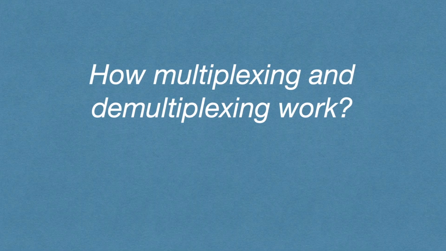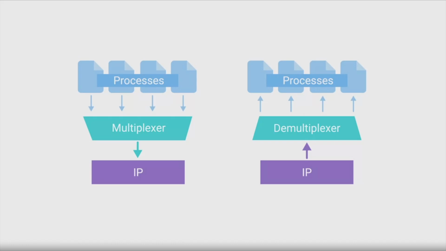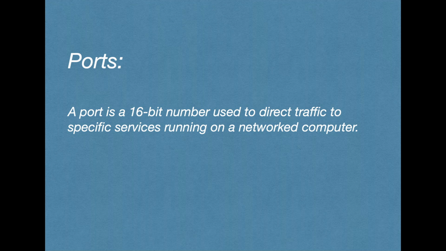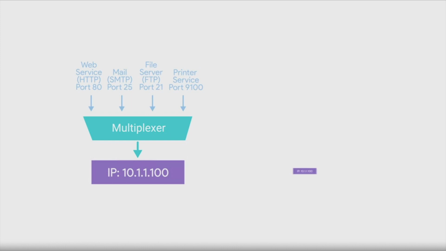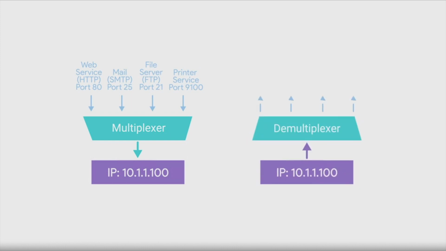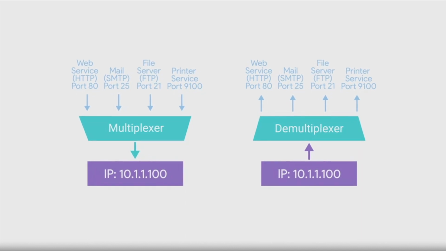Now, let's dive into how multiplexing and demultiplexing work. Multiplexing and demultiplexing are achieved through the use of ports. A port is a 16-bit number used to direct traffic to specific services running on a networked computer. Imagine a server as a program waiting to be asked for data, and a client is a program requesting this data. Different network services run while listening on specific ports for incoming requests.